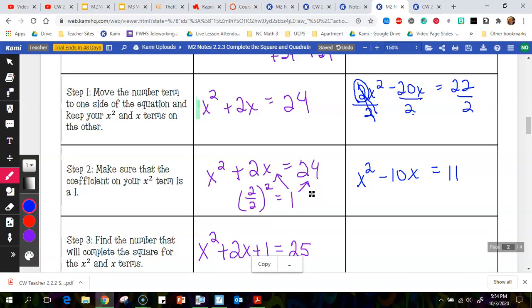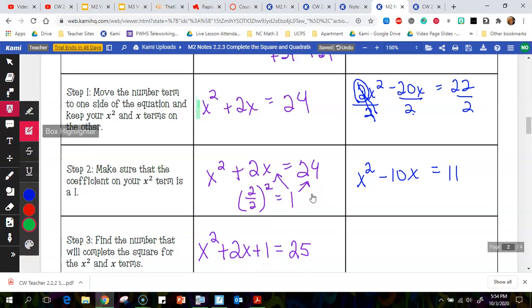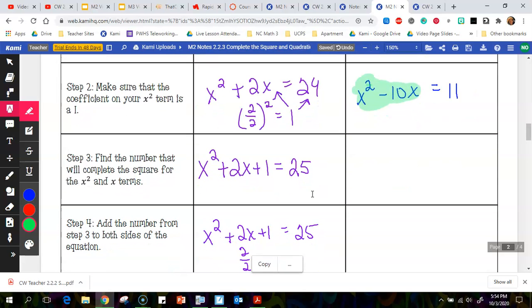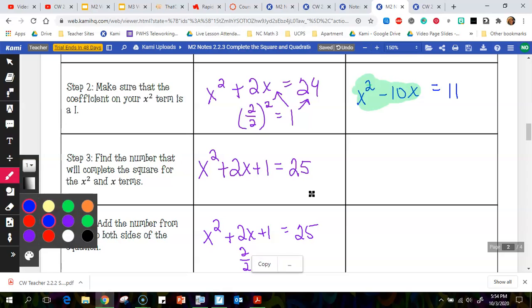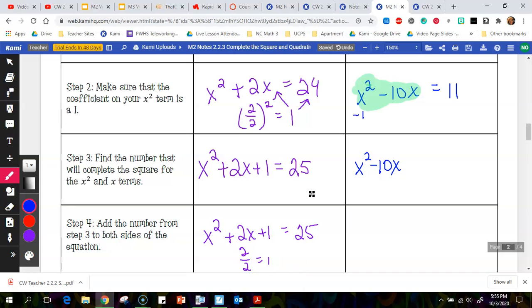So now I'm only working with this side, this right here, and I'm going to leave the 11 alone for a second. What I need to do is complete the square on the left side. So let's do that. X squared minus 10x, just rewrite that. Take your negative 10, divide it by 2, and then square this number.